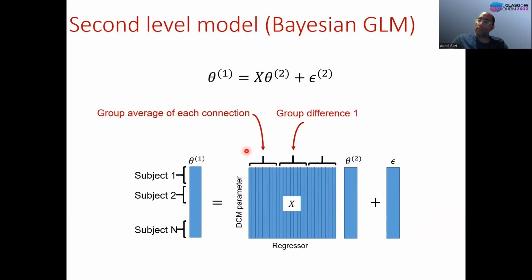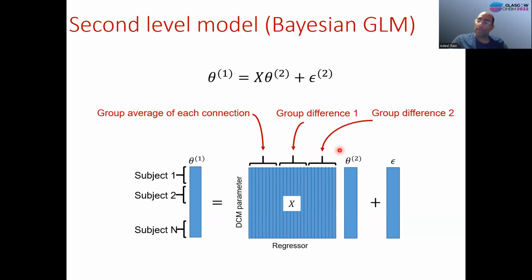So this is basically a Bayesian GLM that you define. Here you have group averages for each connection. Then, let's say you have 3 groups, and some of these columns will be modeling the group difference between group 1 and group 2.